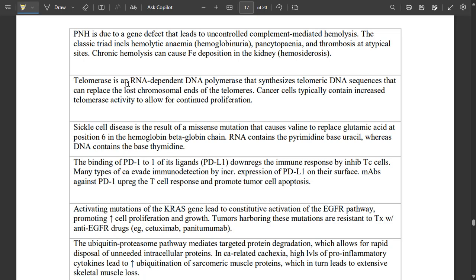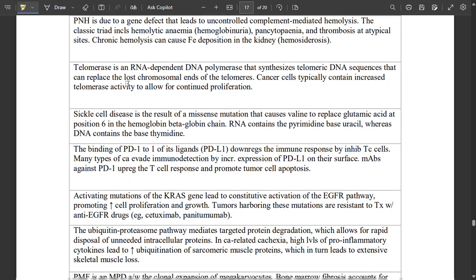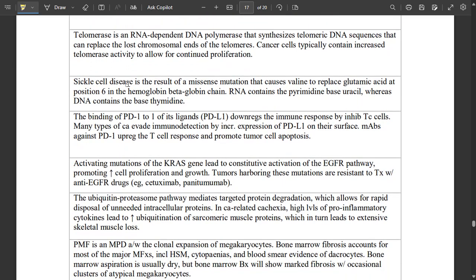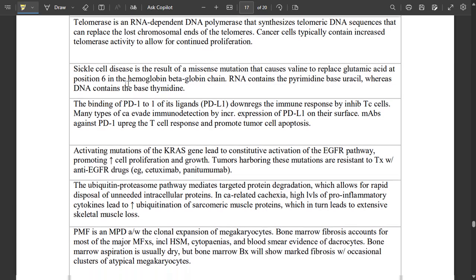So if the chromosomes at the ends lose some part, then those telomeres are replaced by telomerase. Cancer cells typically contain increased telomerase activity to allow for continued proliferation, which helps in increasing the number of cellular replication cycles.